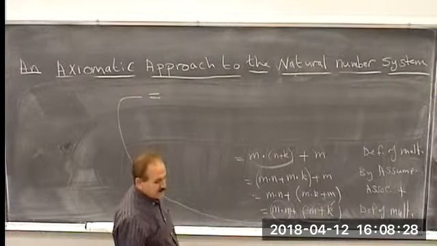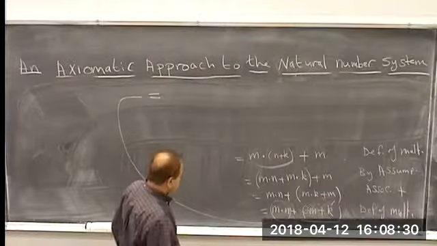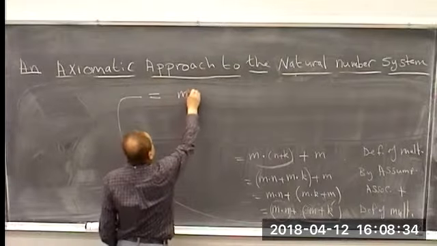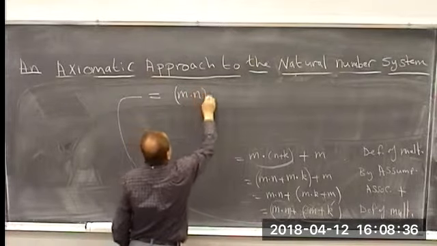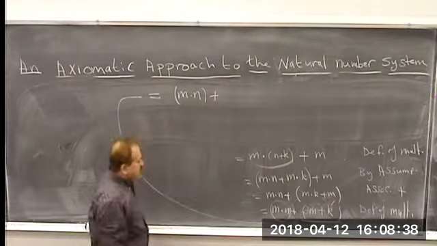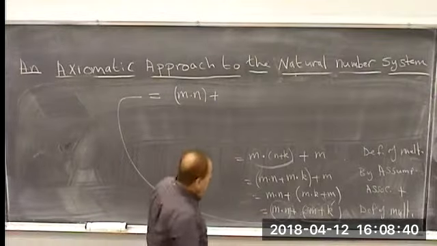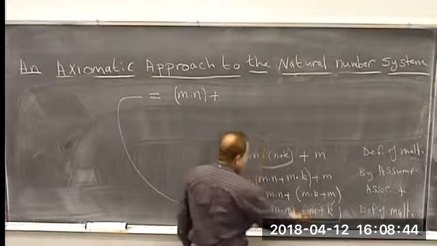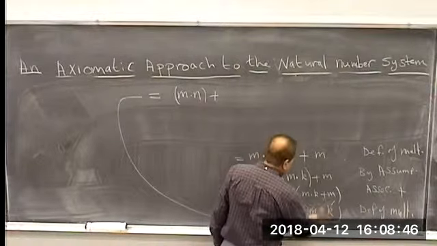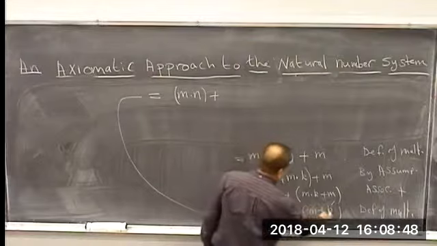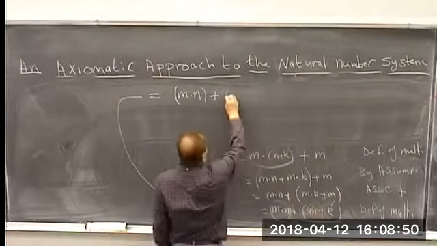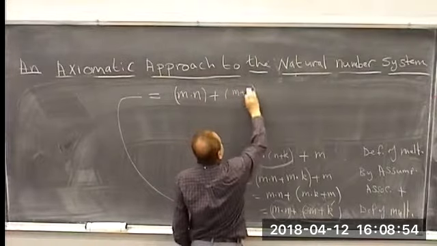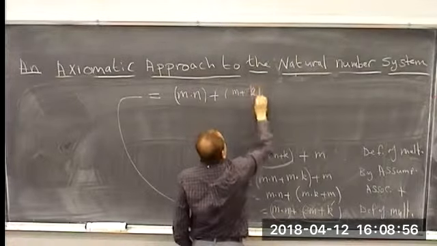And this is equal to m times n plus, sorry, we're actually going to use the definition of addition. So this is equal to m times n plus k successor here.